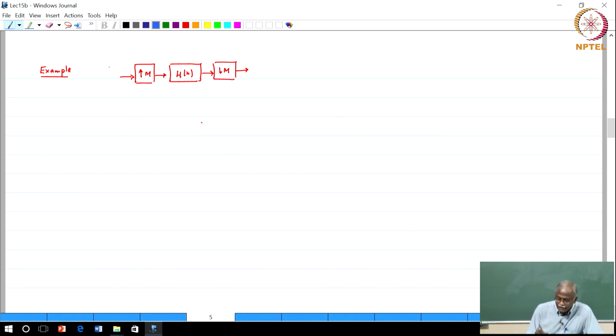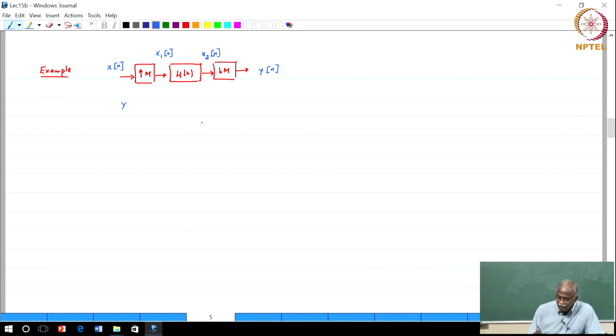Here is the labeling of the variables x of n, y of n, and it is helpful to label a couple of intermediate variables x1 of n, x2 of n. Now, I want you to help me analyze this, but again the important insights will come as we progress.